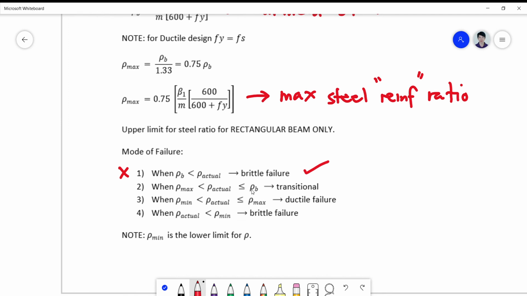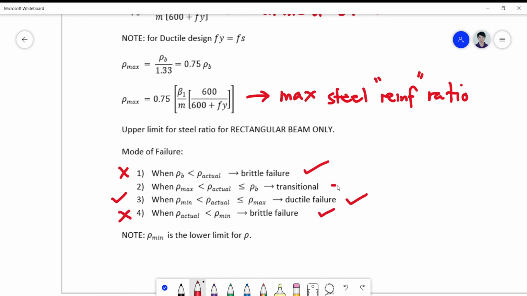Without a factor of safety, rho max must be less than rho actual, which must be less than rho balance. So this is the transitional region. Rho minimum less than rho actual less than or equal to rho max is the ductile failure. So we want this. And rho actual less than rho minimum is again a brittle failure. We don't want this to happen.